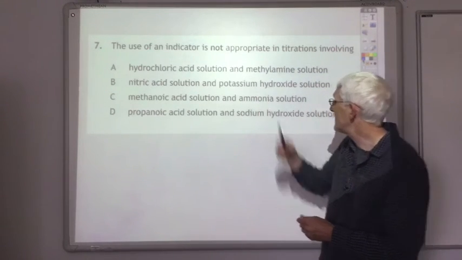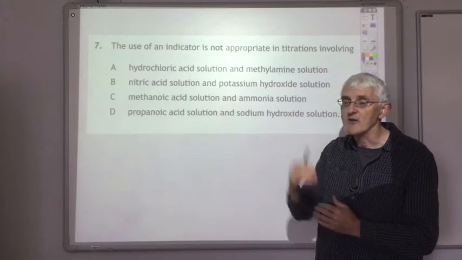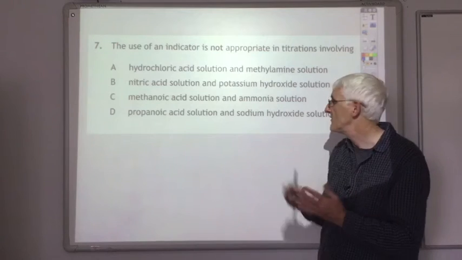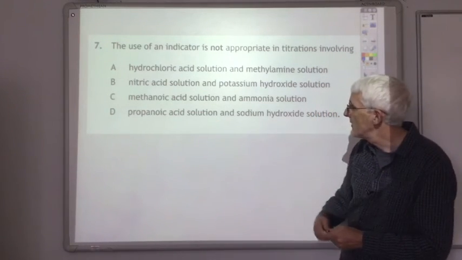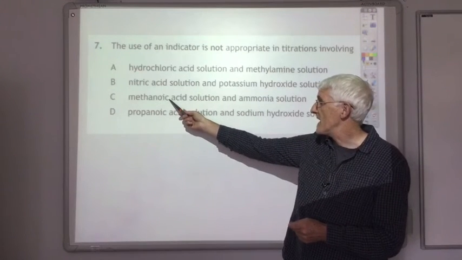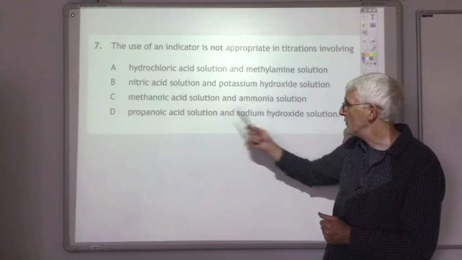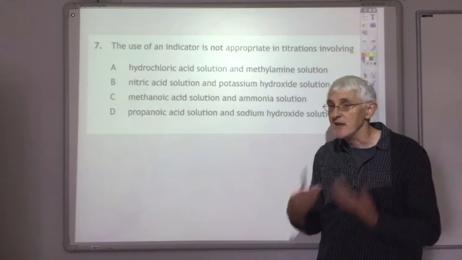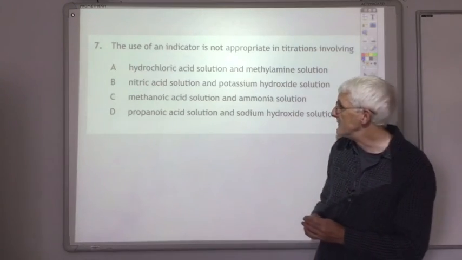Nitric acid, potassium hydroxide, strong acid and strong alkali. Large increase in the pH near the end point, use an indicator. Methanoic acid and ammonia, well, carboxylic acids are weak acids, ammonia is a weak alkali, so weak acid versus weak alkali, there's no suitable indicator to use for that titration, so the answer would be C.